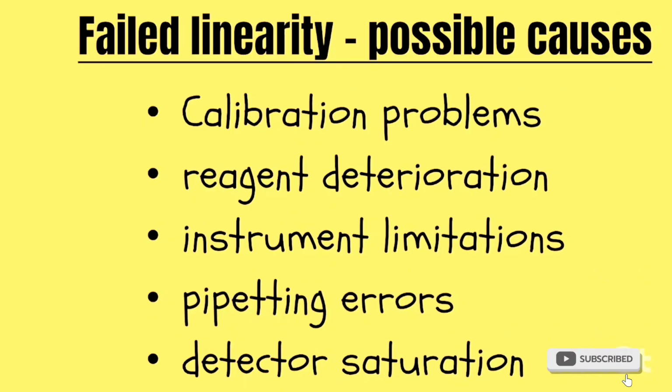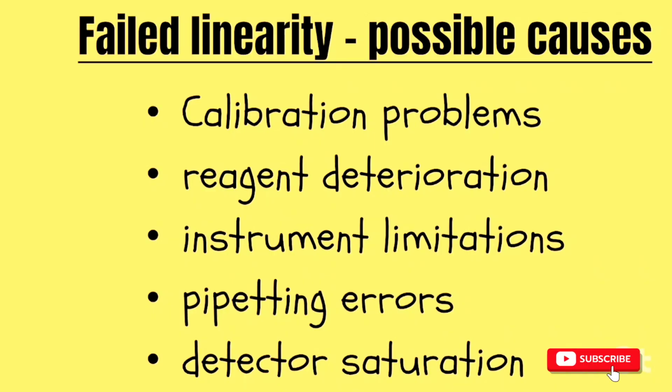Now, it could also be due to pipetting error, and it could also be due to detector saturation. This detector saturation is actually where I think most of the linearity failures happen, though I know the other ones can also be the case. For example, do you remember I mentioned that the analyzer can only give you a result of what it is comfortable with? So if the analyzer is not comfortable with the absorbance it is getting, comfortable here means that the result it is getting is outside its linearity.